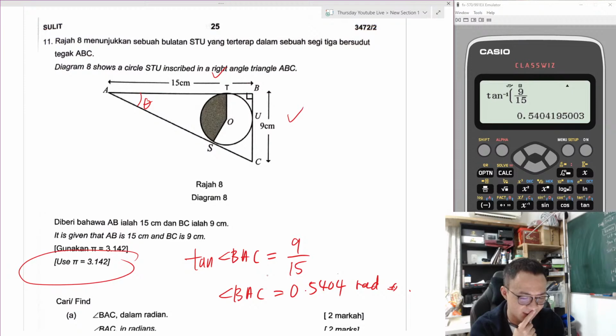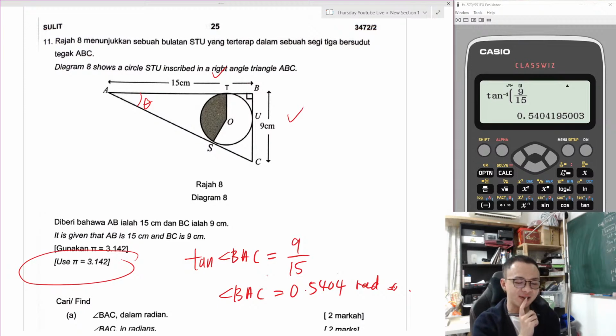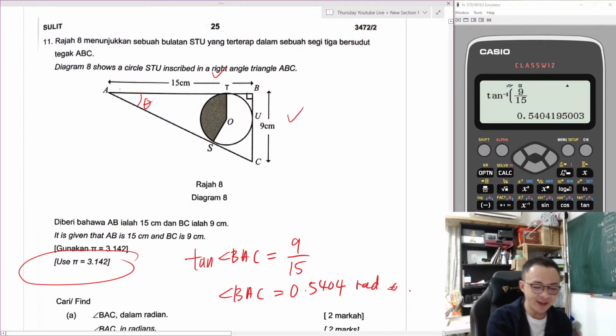Is it possible to use that angle? Oh, okay, I guess. But it's not the same length here. I guess I can cut this one into half, isn't it? Yeah, I believe I can.